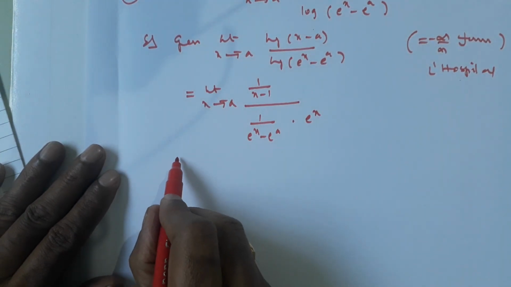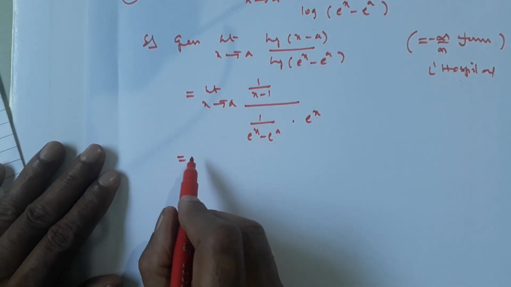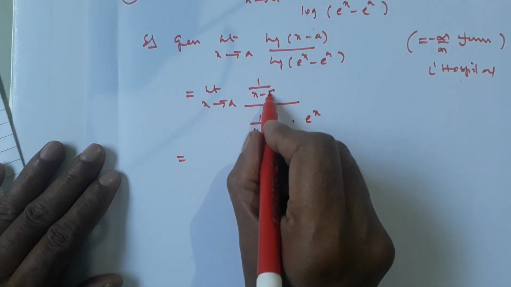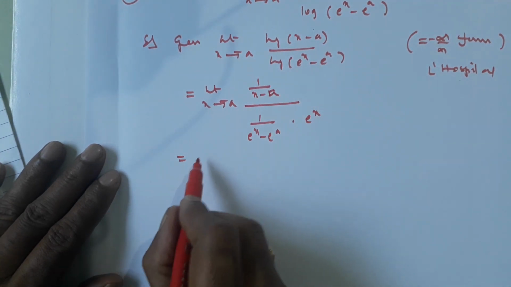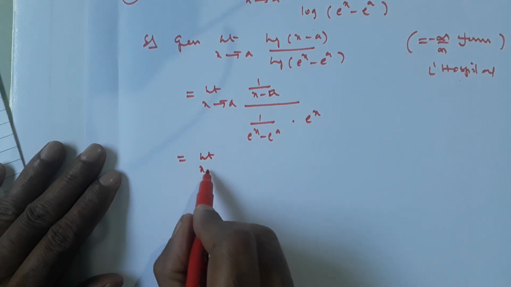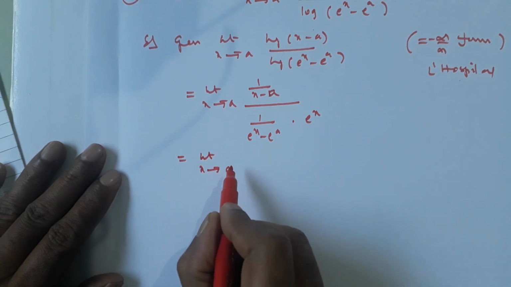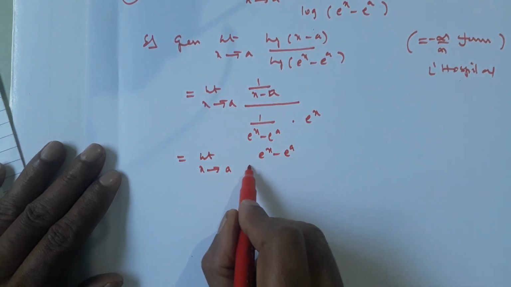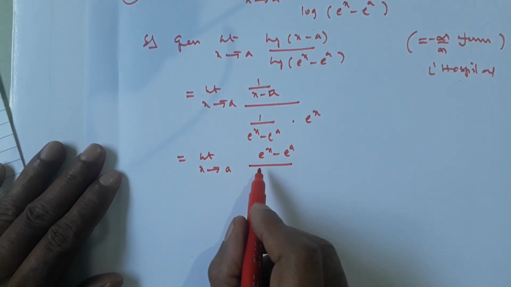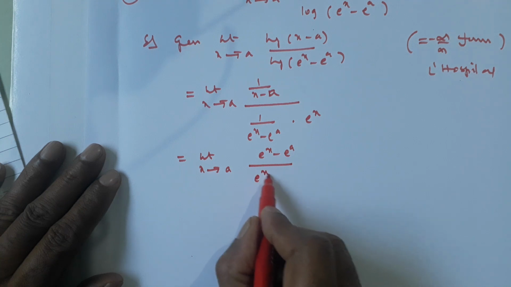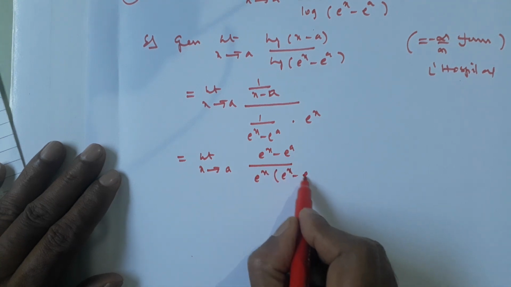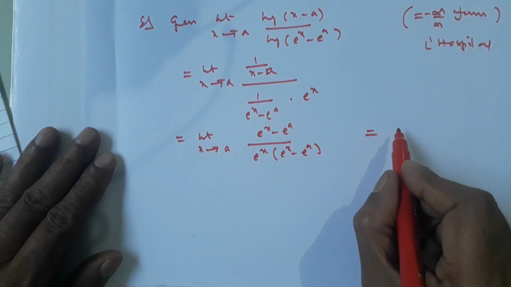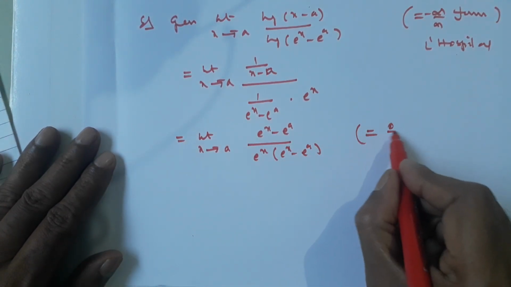Taking the reciprocal, limit x tends to a of e power x minus e power a whole divided by e power x into x minus a. As x tends to a, e power a minus e power a is 0, so it is of the 0 by 0 form.